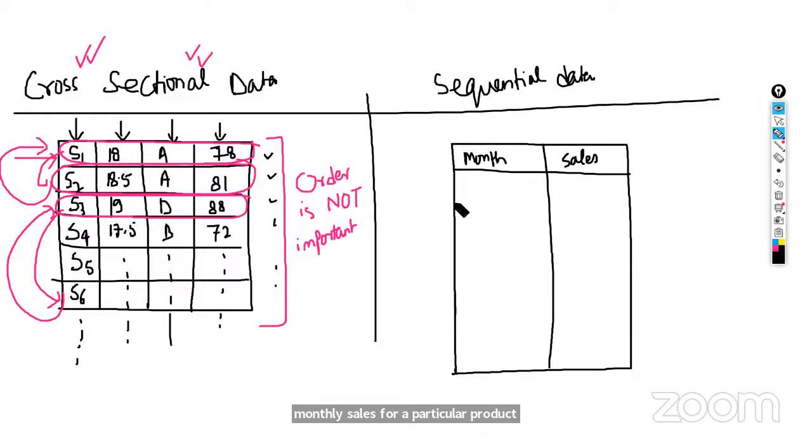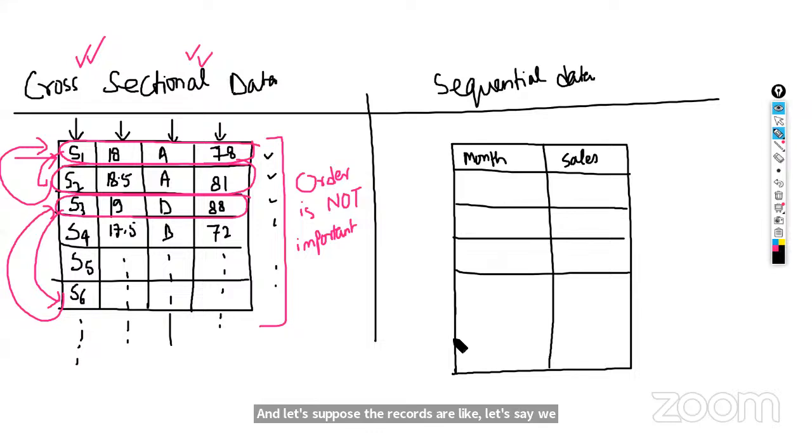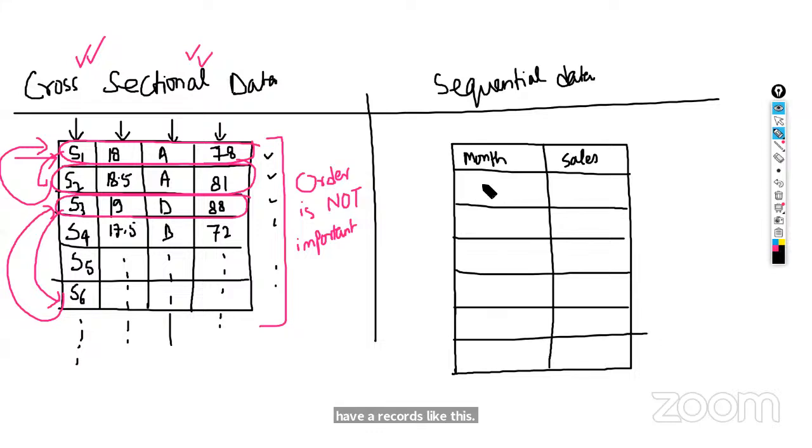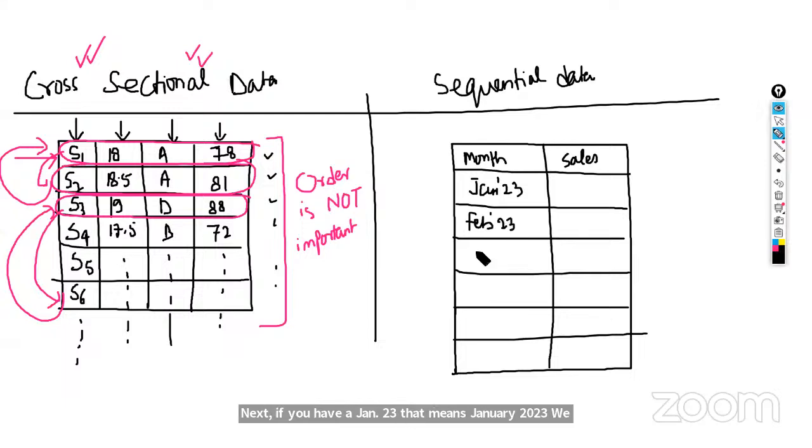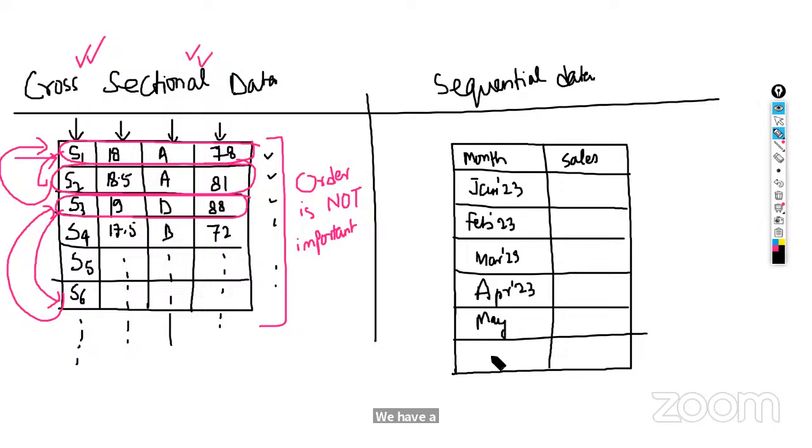Let's say the records are like this: Jan 2023, that means January 2023, Feb 2023, March 2023, April 2023, May 2023, June 2023, and so on.